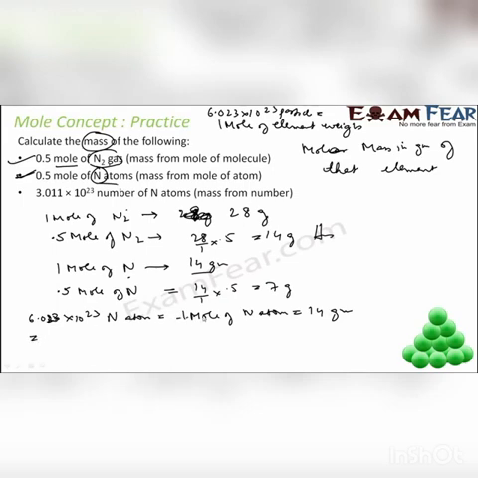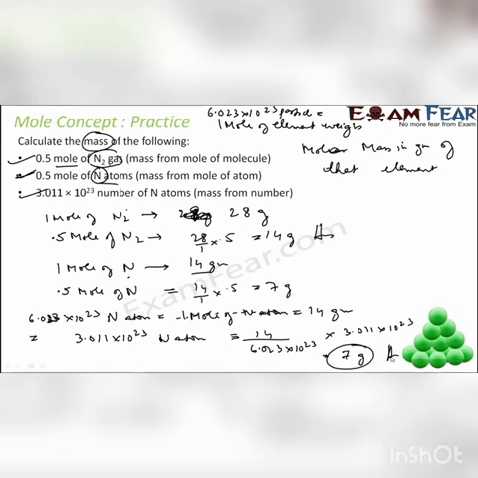So now we have atoms, particles and the weight in one equation, and that's what you have to find. These many atoms is 14 grams, so the given number of atoms will be how many grams? 14 by 6.023 into 10 to the power 23 into this value. You solve this, you get 7 gram, and that is the answer. Pretty easy.